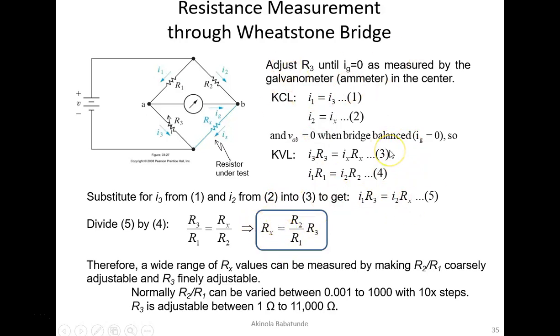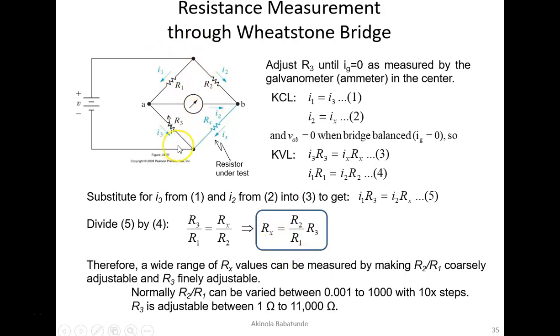Eliminate all the currents. Find the way to solve for Rx by eliminating all the currents here. When you do that mathematically, you obtain Rx equal to R2 multiplied by R3 all divided by R1. This can also be written as Rx R1 equal to R2 R3.